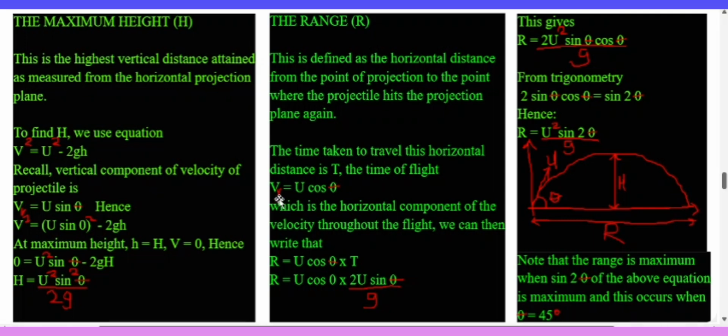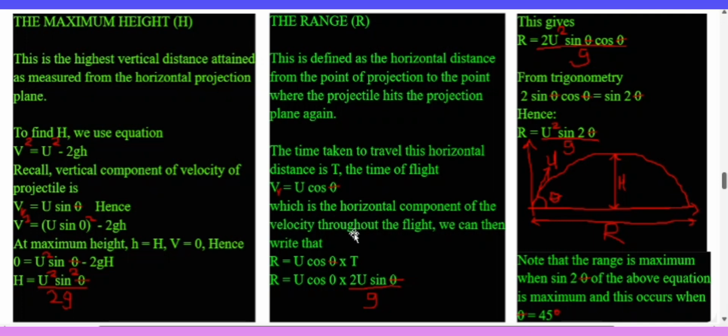In this case, we are going to be using the horizontal component of the velocity, which is u cos theta. Sorry, this is VH, that is horizontal velocity, because we are interested in calculating horizontal distance, which is the range.